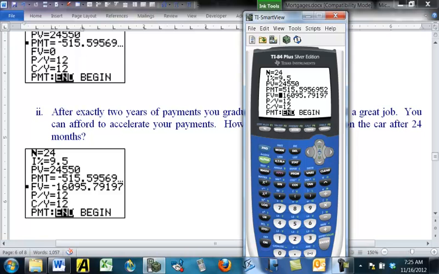Something doesn't seem right on the sign there. No, that was right. That was the right thing to do. So you still owe $16,095.